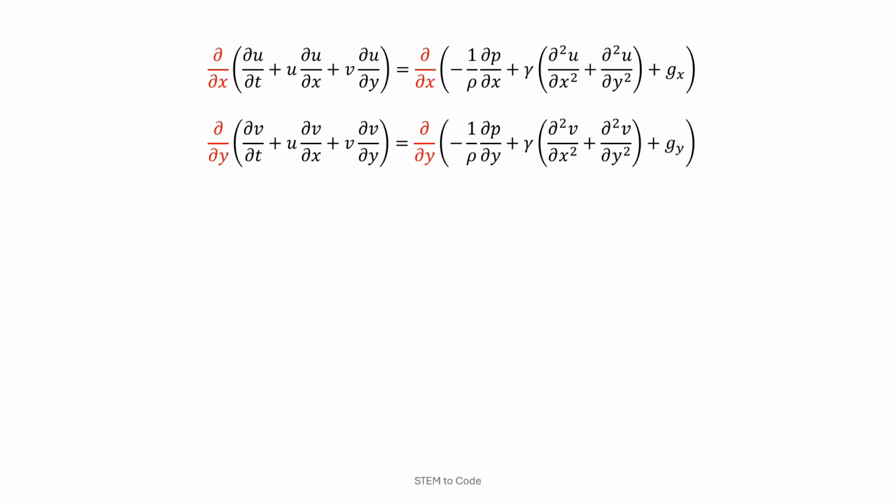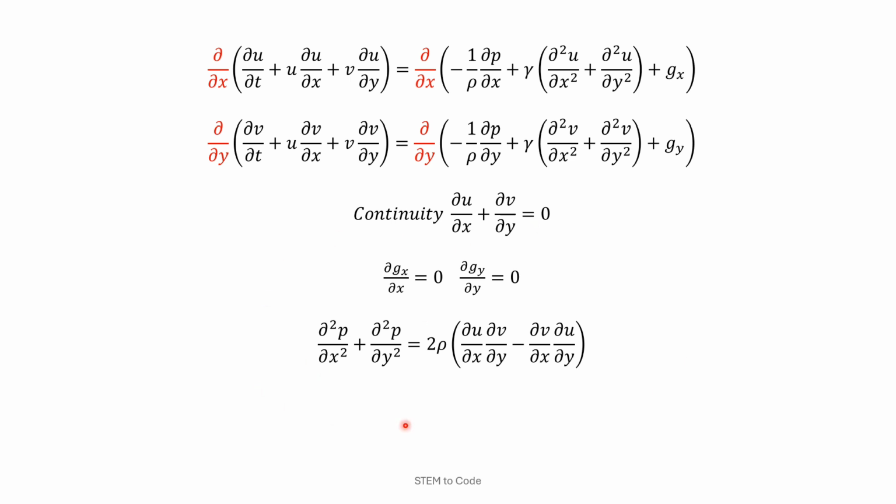It's a really simple exercise and you can do it on your own, but keep in mind the continuity equation, as you can substitute this while adding both these equations, and also the fact that the derivative of the gravitational term is 0. The pressure equation you will obtain will look something like this. But remember the fact that we are no longer working with u and v, but we are working with psi and omega.